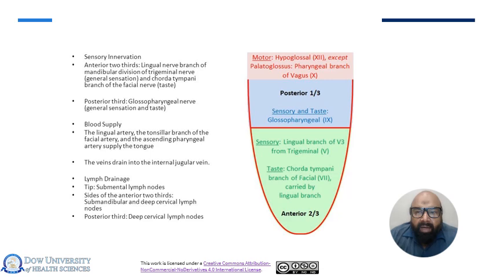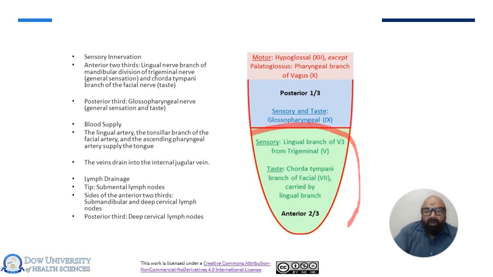So finally, we look at some unique features of our tongue. Our tongue, not only is it embryologically and histologically different in terms of its anterior and posterior parts, but its sensory and taste also have different innervations.